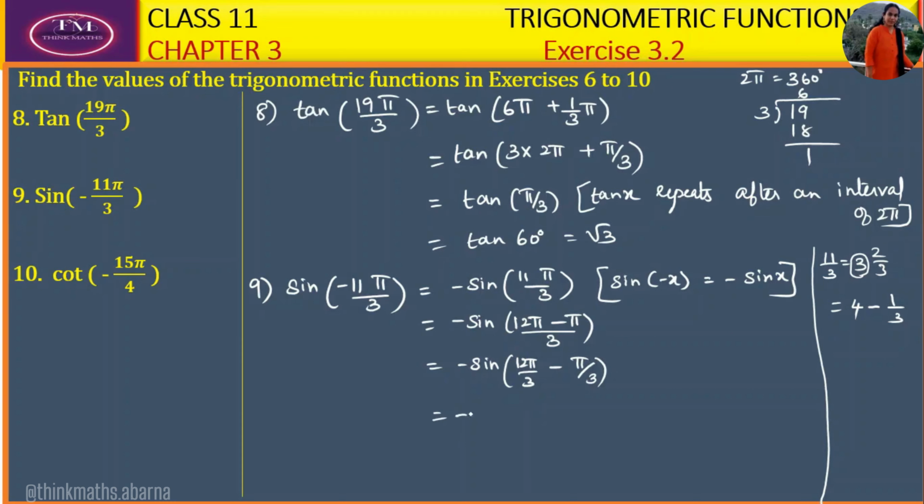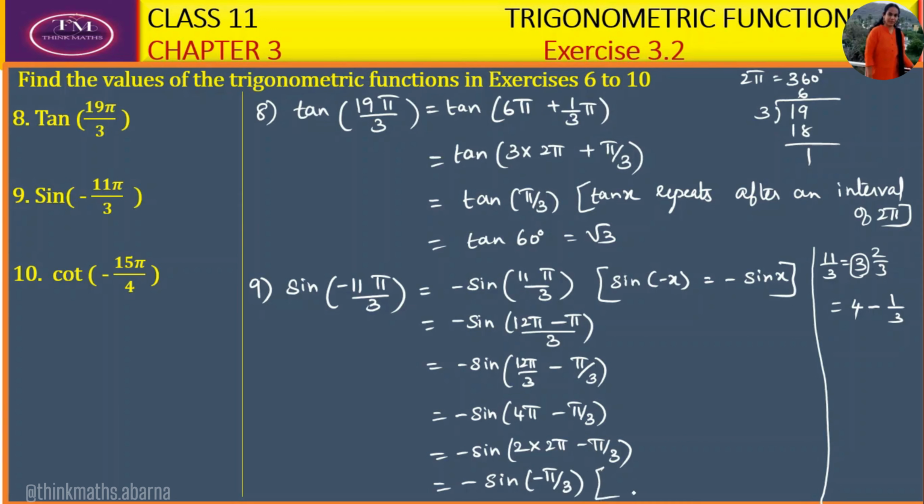So it is minus sine 4 pi minus pi by 3. Now 4 pi can be written as 2 into 2 pi. So this repeats, and as it repeats, we can write it as minus sine minus pi by 3.